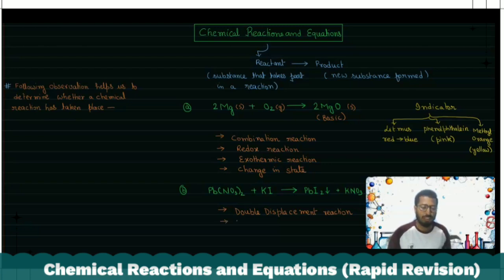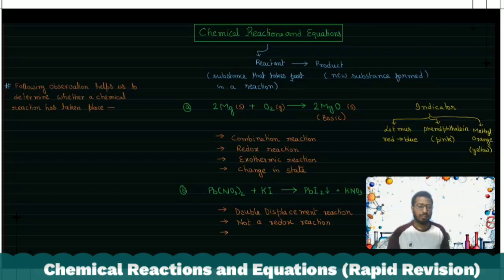It is not a redox reaction, because we have already studied that double displacement reactions are of two types. One is precipitation, another one is neutralization. And here there is no redox; both types of double displacement reaction are not considered redox reactions.